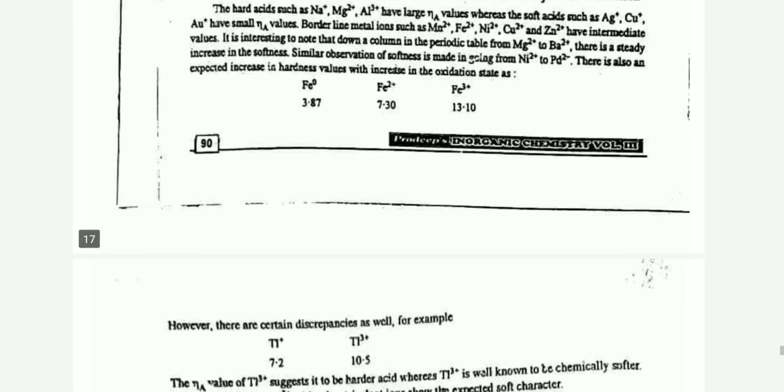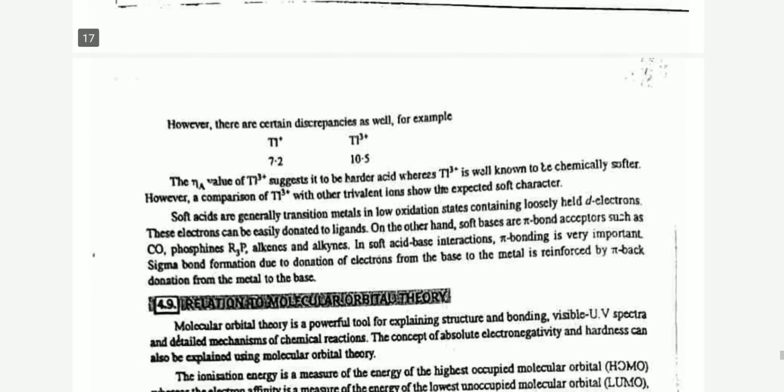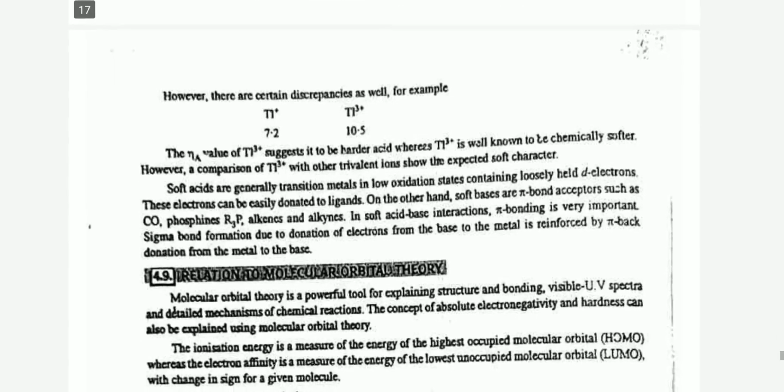There is also an expected increase in hardness values with increase in the oxidation state, as Fe0 3.87, Fe2 positive 7.30, Fe3 positive 13.10. However, there are certain discrepancies as well.